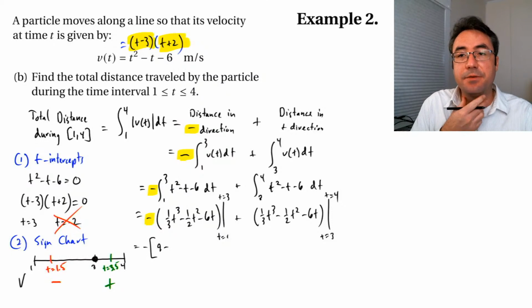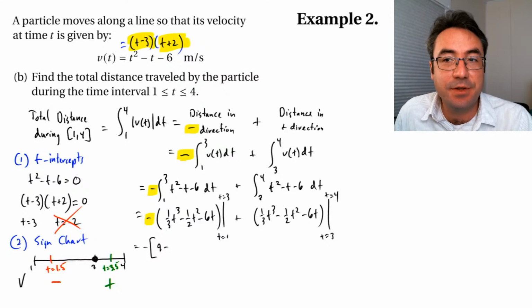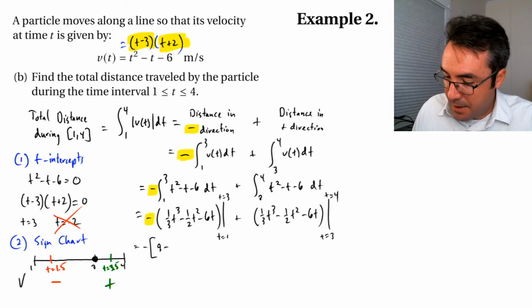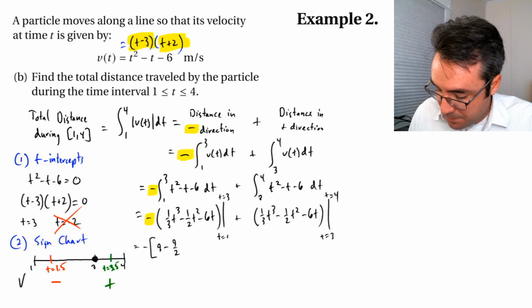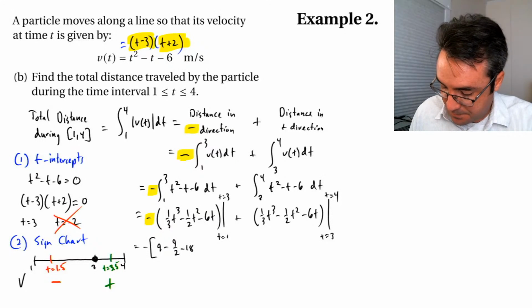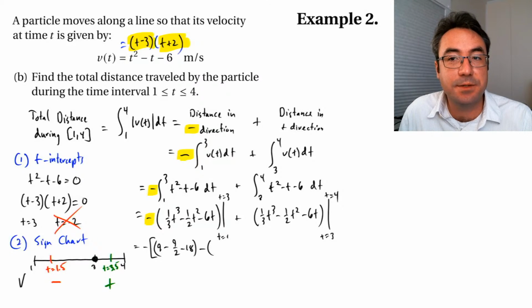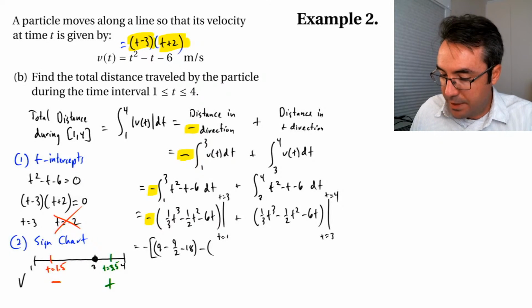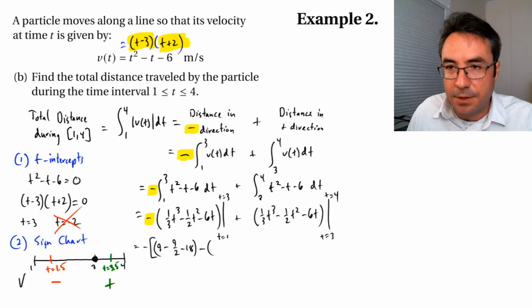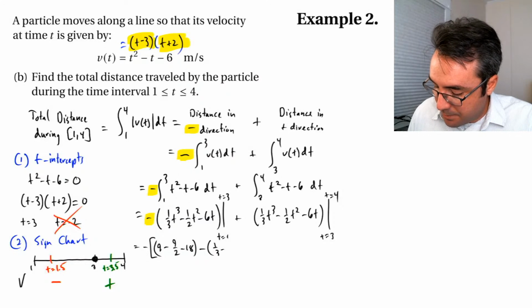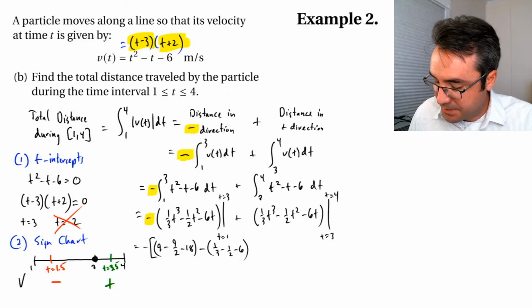So we're plugging 3 in first. So we get 27 divided by 3, which is 9, minus 9 over 2, minus 18. Then we plug the lower limit in, the 1, and subtract. So when we plug 1 in, all the powers of 1 are just 1. So we end up with 1/3 minus 1/2 minus 6.